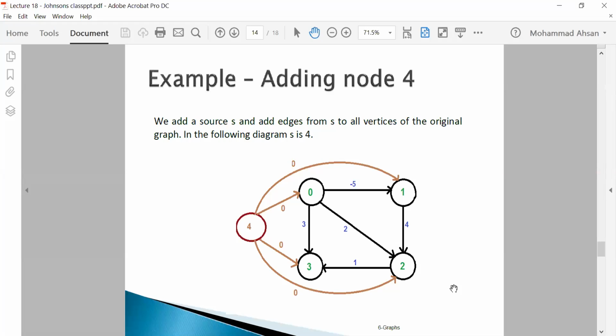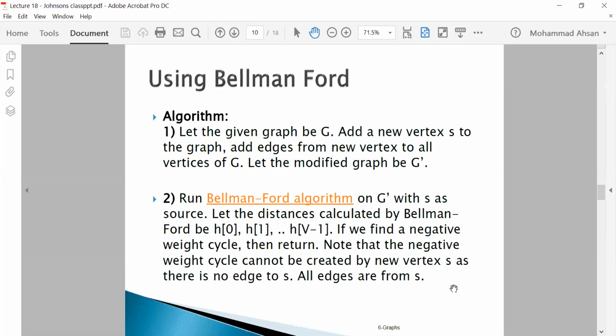These brown ones are the additional edges which we are just adding to calculate weights of the vertices, and after we are done we will remove these extra edges. So the algo goes like this. We first add a new source vertex, and we modify the graph. On the modified graph, we perform the Bellman-Ford algorithm.